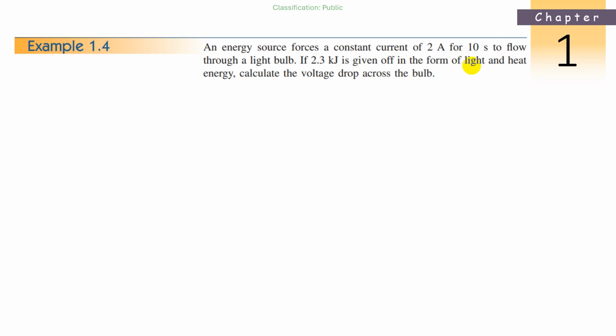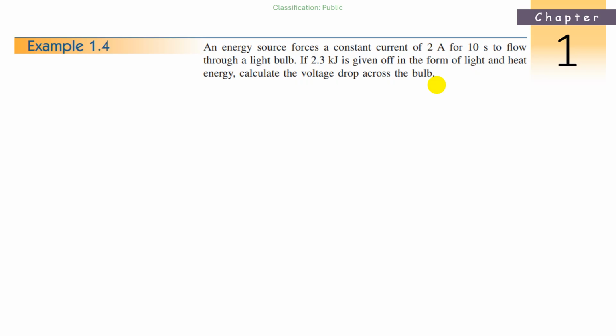So it is transformed to 2.3 kilojoules as light energy and heat also. Both together he is mentioning. Sometimes room heaters have light and also heat. You can see red hot will be there. Red is a light and we get the warm heat. So both are there, so heat energy. So calculate the voltage drop across the bulb, means how much potential is forming there.